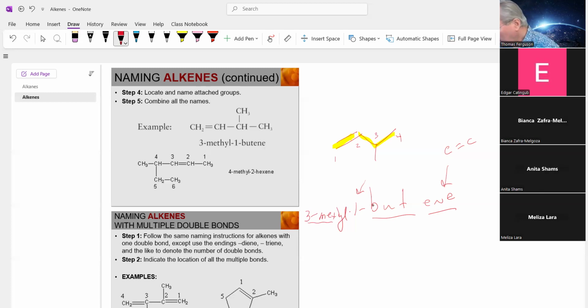Yes, Professor. Because we could easily have that. That would be an isomer. Same formula, same number of carbons, same number of hydrogens, but it's not the same molecule at all.